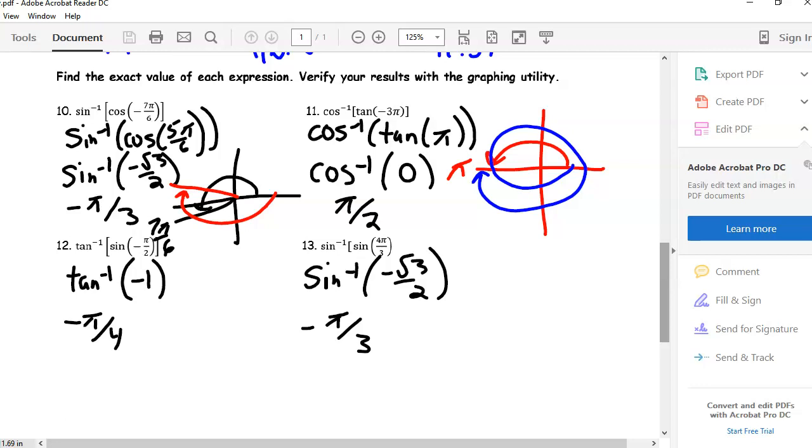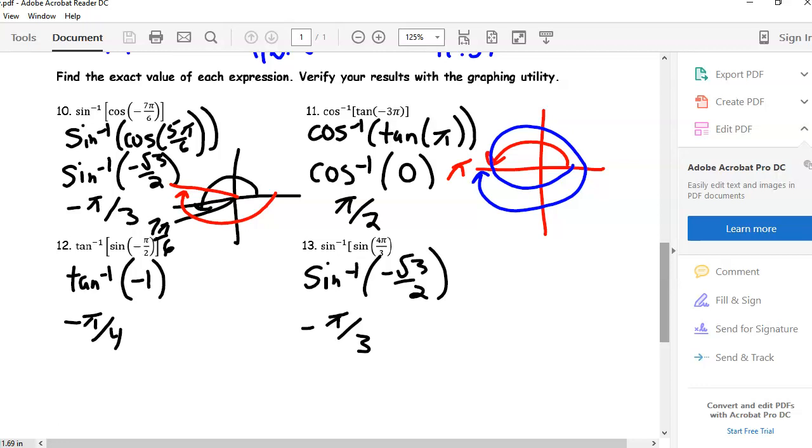The final answer was negative pi over 4. And then 13, your inside was zero. Your inside for 13 was negative root 3 over 2, and the final was negative pi over 3.